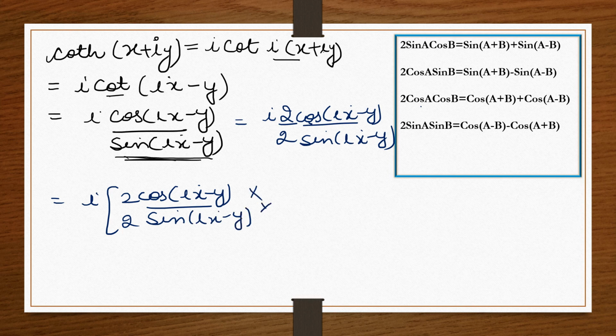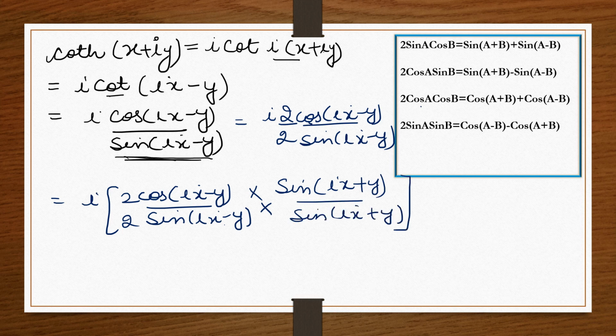Now just take it with the opposite sign. So you can take here sin(ιx + y), sin(ιx + y). Or you can do one more thing: instead of ιx plus y, you can take minus ιx minus y. Means you have to change the sign of one of the terms, either ιx or y. That will also work.